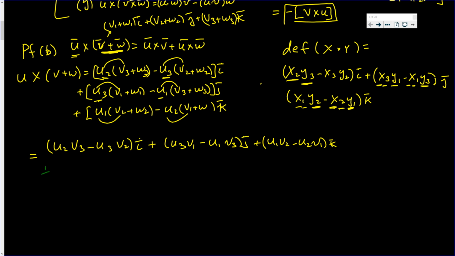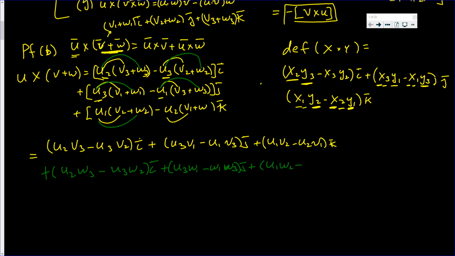Now let's add on, and say green, the W's. You have U2W3 minus U3W2 in the I direction, plus U3W1 minus U1W3 in the j direction, plus U1W2 minus U2W1 in the k direction.